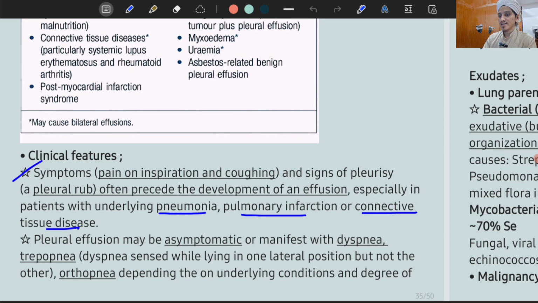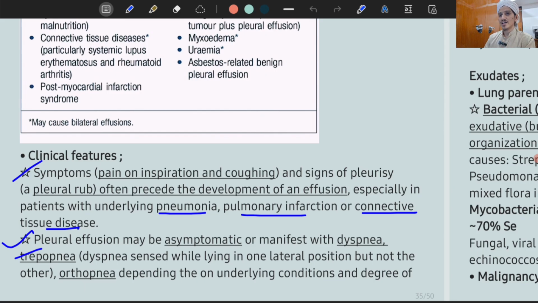Okay. Second is, you can have breathlessness. So pleural effusion may be asymptomatic or manifest with dyspnea. Trepopnea is a very important symptom of pleural effusion. So dyspnea sensed while lying in one lateral position but not the other. Usually the patient feels breathlessness when the patient lies on the normal lung and the abnormal lung is on the upper side of the normal lung.